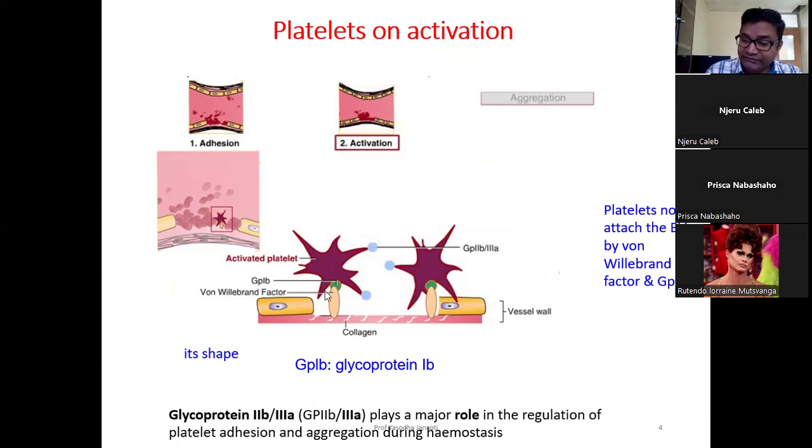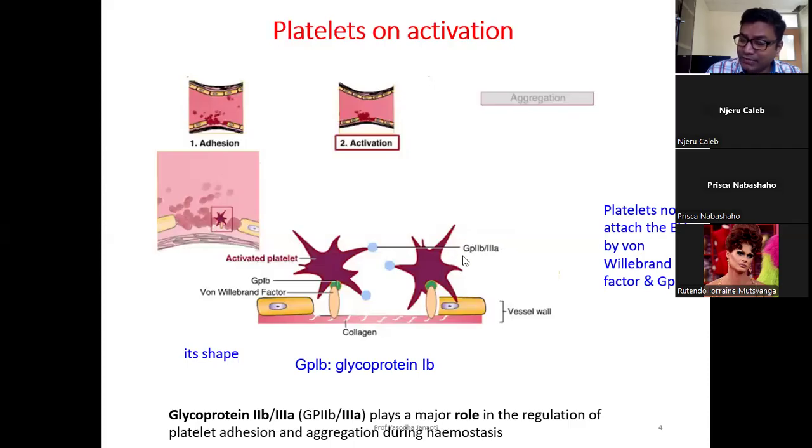Further, the previous one was GP1b, glycoprotein 1b. Now GP2b, also called 3A, will start activating.